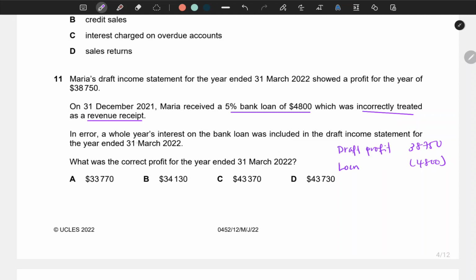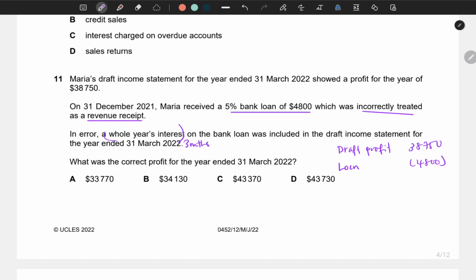Then they said that in error, the whole year's interest on the bank loan was included. Supposedly, because the loan was taken on 31st December, how many months until 31st March? It should be only 3 months, but you included the whole year. So 9 months of interest you need to add back.